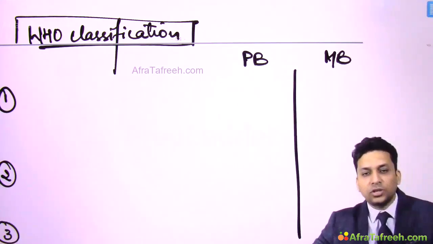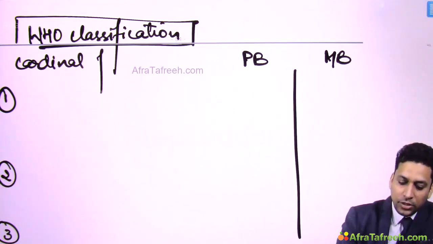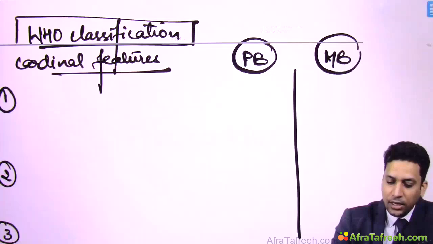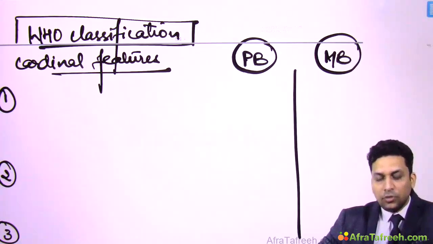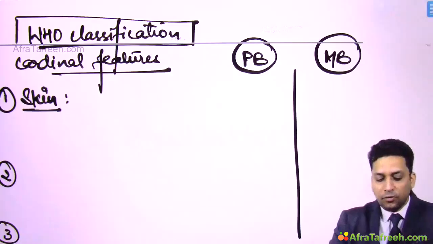So this is the WHO classification where you need to remember 3 cardinal features, and based on these you can classify leprosy into 2 types, that is paucibacillary and multibacillary. So first cardinal feature is you should do skin examination. And what you should look for over the skin of these patients?